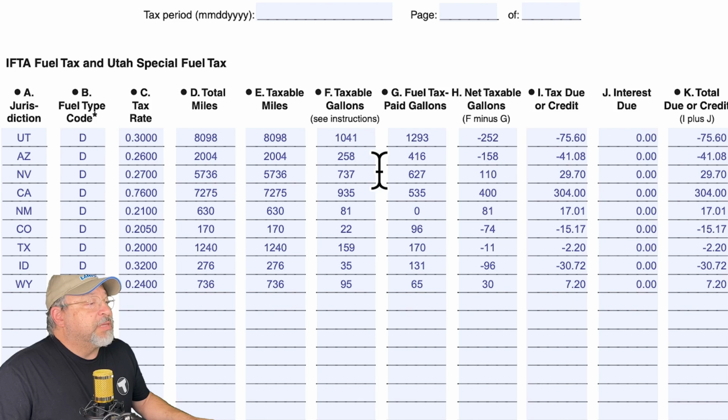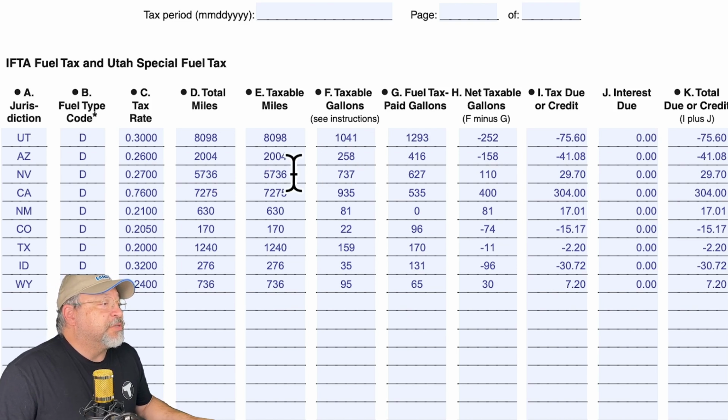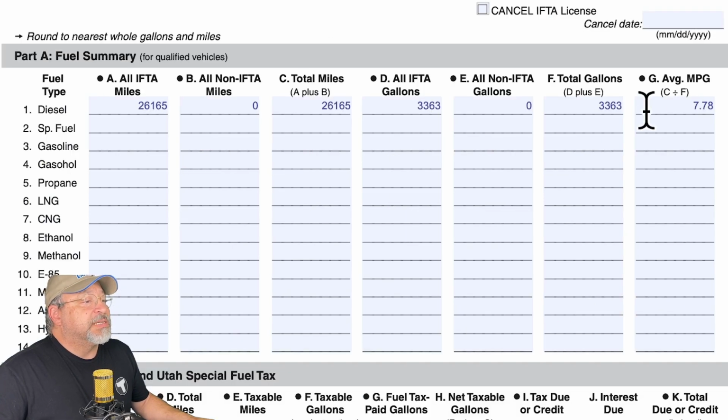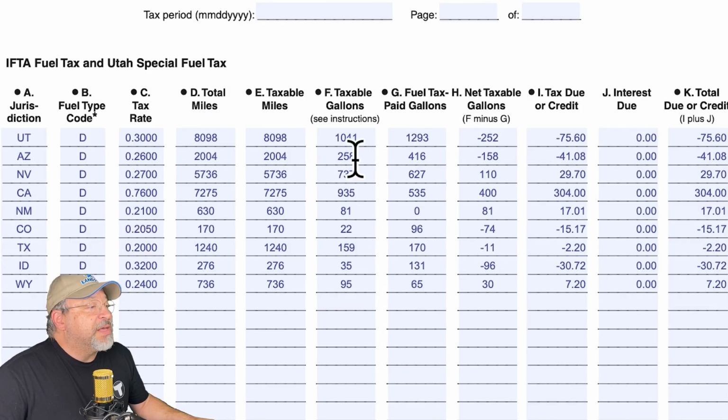And so I purchased 416 gallons in Arizona, but I only burnt 258 gallons. The way we get that is we take these 2,004 miles and divide them by our 7.78 average miles per gallon, and that's how we get the 258.